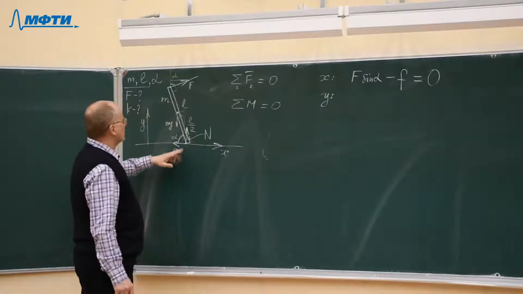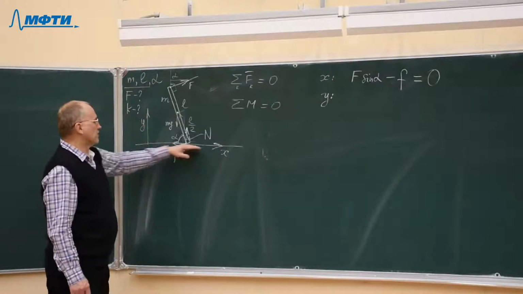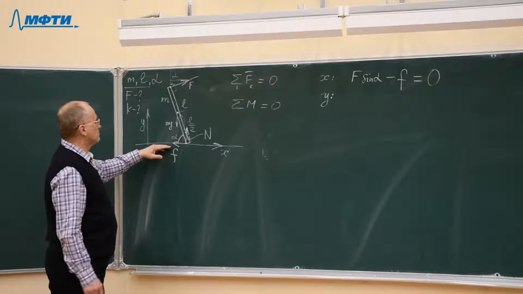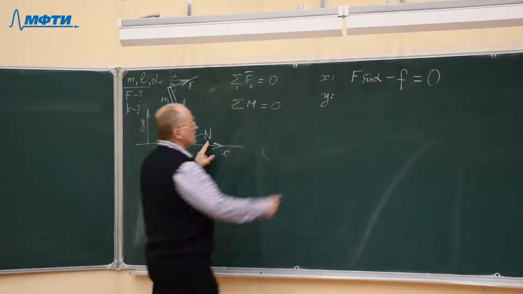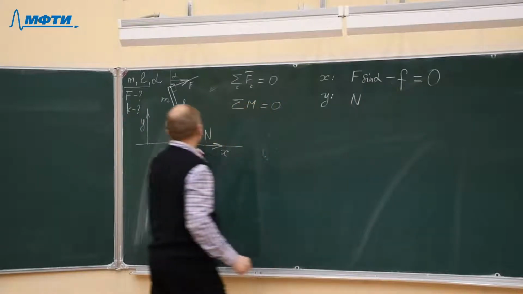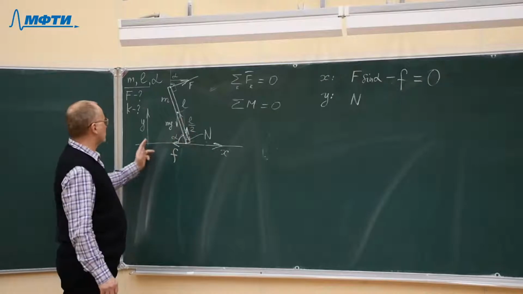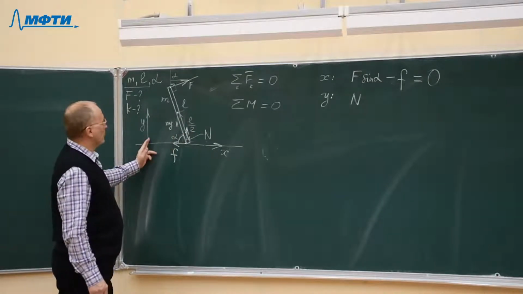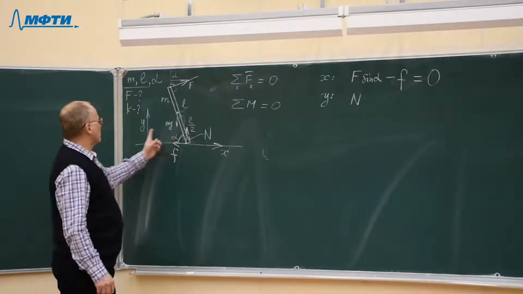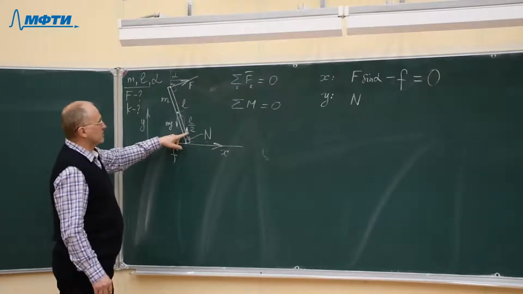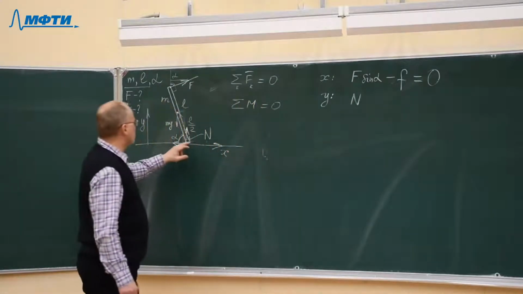What are the vertical components? The force of friction has no vertical component because it's directed horizontally. We have vertical component of the force N, which is simply N, because all this vector is directed vertically, parallel to the y-axis. And it's positive because this vector looks in the positive direction of the y-axis. So N will go here as positive quantity.